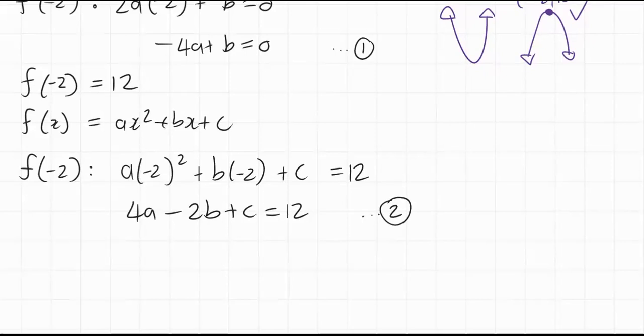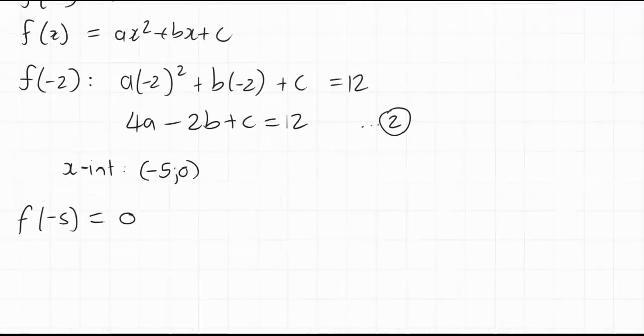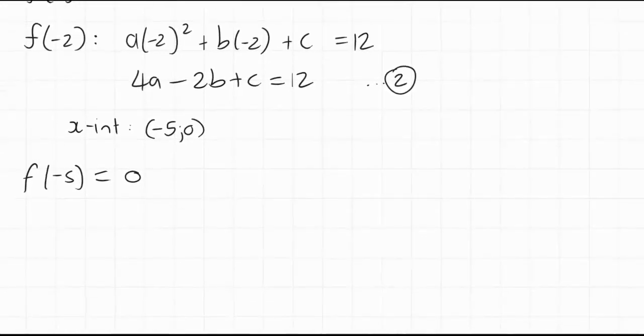What other information did they give us? Well, they gave us the x-intercept, and that gave us (-5, 0) as a point on the graph as well. So we can also say f of negative 5 must be equal to 0. This will be equation 3.